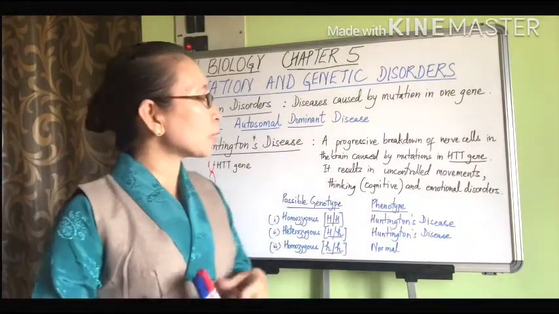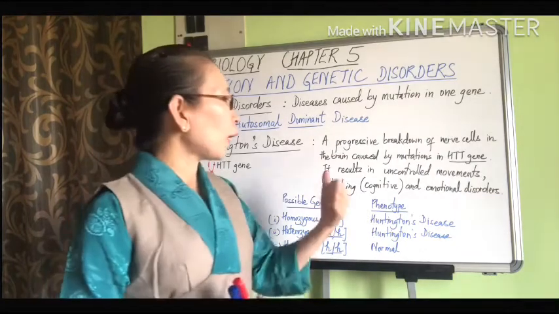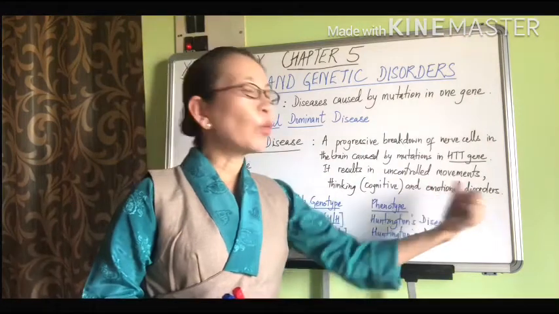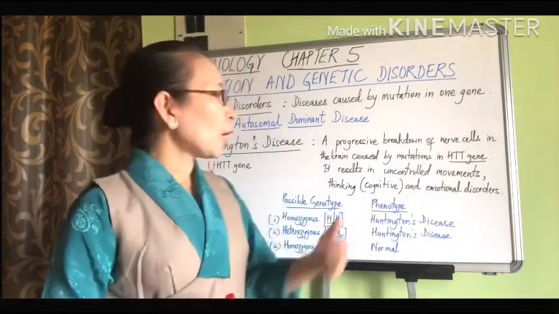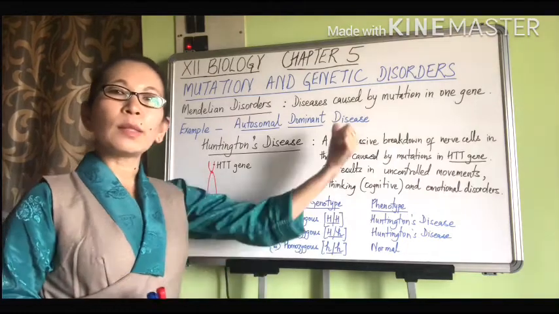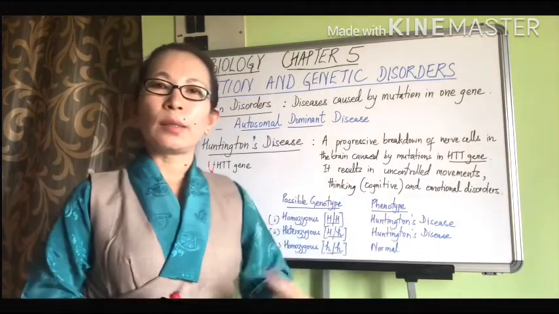The major symptoms are uncontrolled movements, thinking impairments, and emotional disorders. Because the HTT gene is located on an autosomal chromosome, this is an autosomal linked disease.